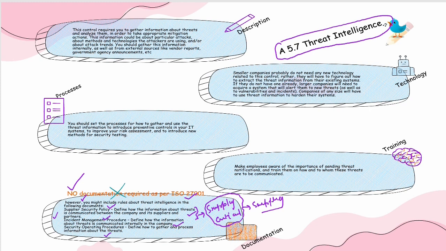This is also important, where you can mention in whatever incident management procedure you have, you can just address this particular point.